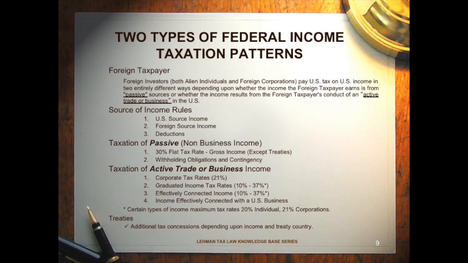And the distinction is that passive income, which would be interest income, dividends, income like that, that's not income from a trade or business, that type of income is usually taxed on a flat rate. Now, the reason for this is that the United States really can't keep track of interest income and dividends that are being paid to people overseas, to foreigners.